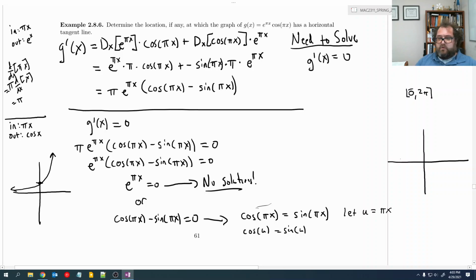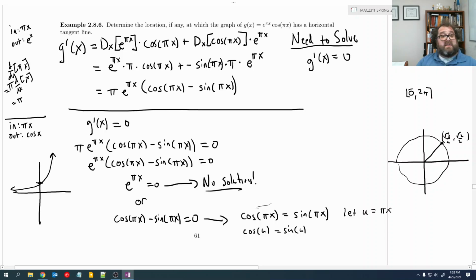So on 0 to pi, well, we know in our unit circle, let's see how bad of a job I do in the unit circle this time. Oh, pretty bad, but it gets the job done, I guess. If you think about your unit circle, at pi over 4 here, the coordinates of that point are root 2 over 2, comma root 2 over 2.